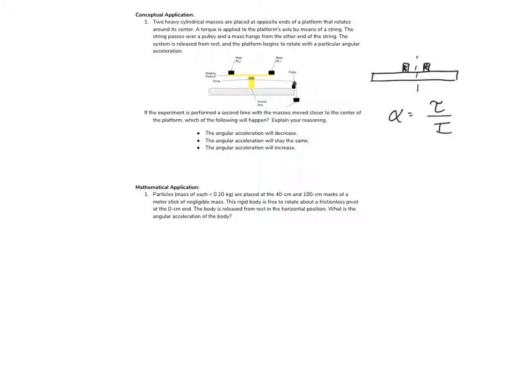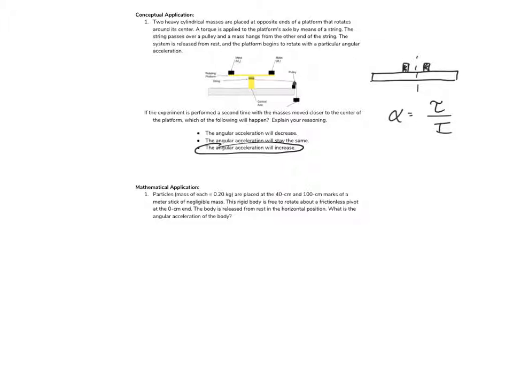If rotational inertia decreases, again it's an inverse relationship, that means the angular acceleration has to increase, okay? Because more mass closer to that axis of rotation means smaller rotational inertia.